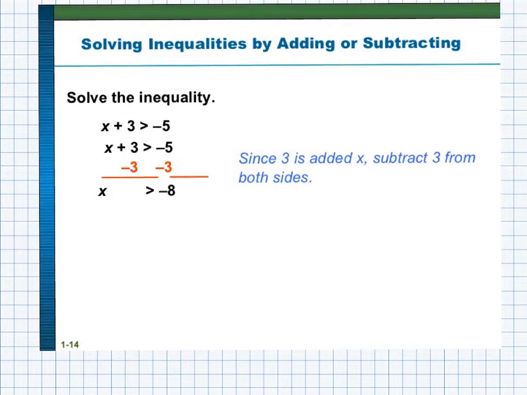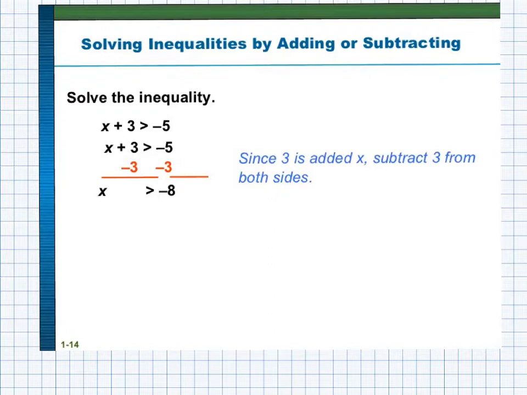Here's another example. Solving inequalities by adding or subtracting. So here we have x plus 3 is greater than negative 5. We're going to subtract 3 from both sides to isolate the x, and the 3's will cancel each other out, and then we have negative 5 minus 3, and we end up with x is greater than negative 8.